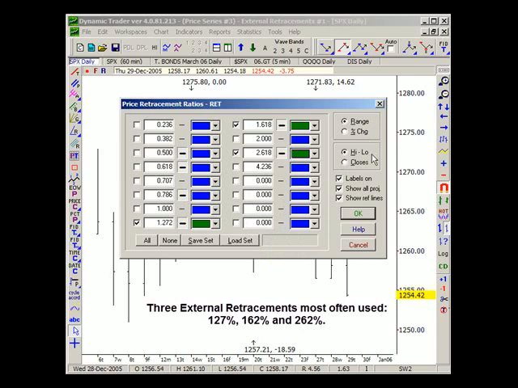You can do it by the high and low of the bars or by the closes. And then you can display the labels if you want. And that's what we're going to be doing, is displaying the labels and all the reference lines. So we've chosen which retracements we want to use, and it's 127, 162, and 262. Now those are all greater than 100%.